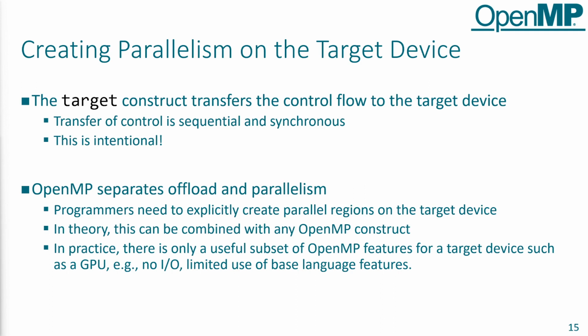You don't want to work on a netCDF file as part of your GPU kernel. That's probably a bad idea as well. Or you probably don't want to do MPI communication while you're on a GPU. So there's already a limited use of base language features, so having a restriction coming in from OpenMP is not too harmful here.